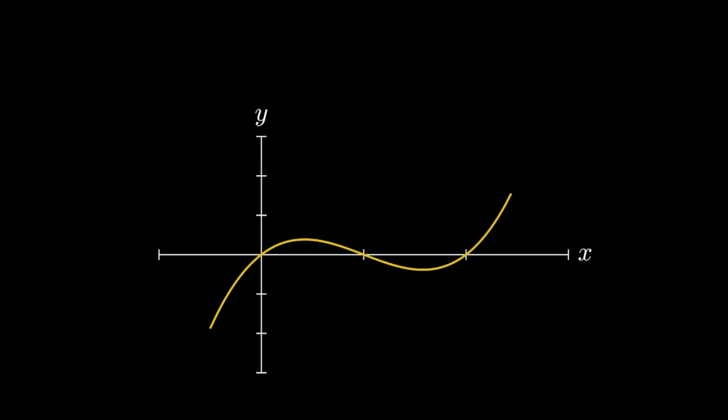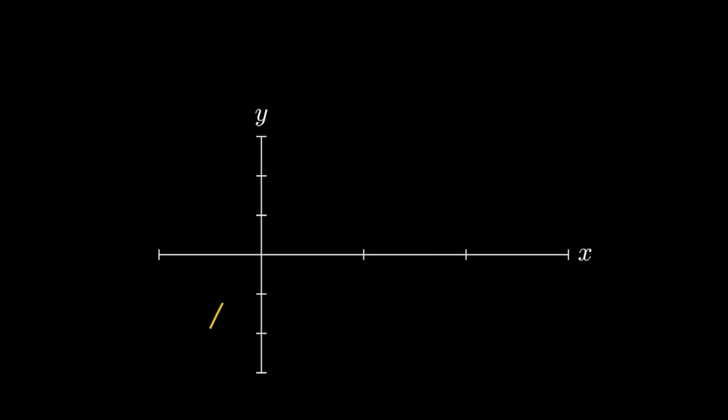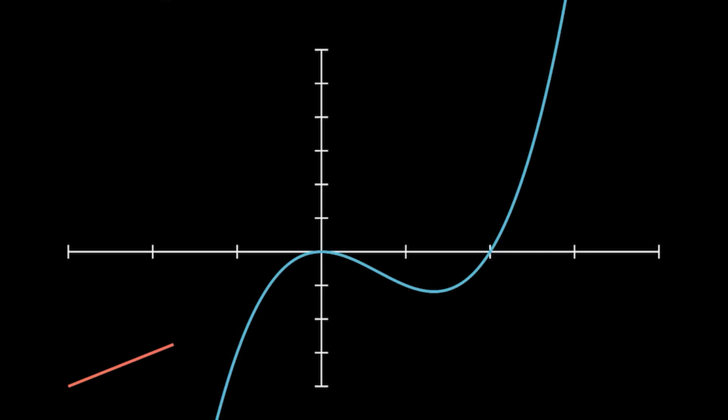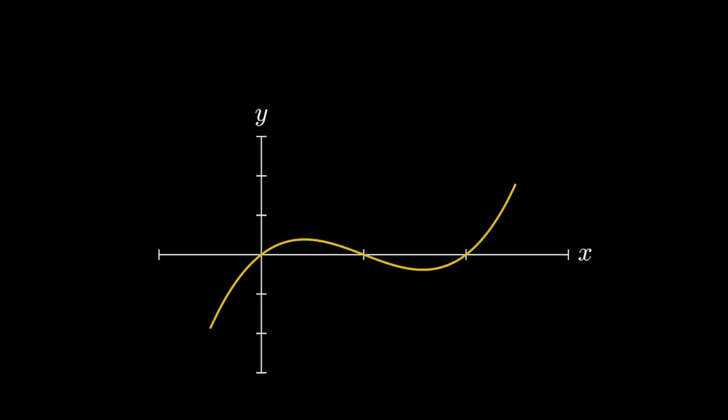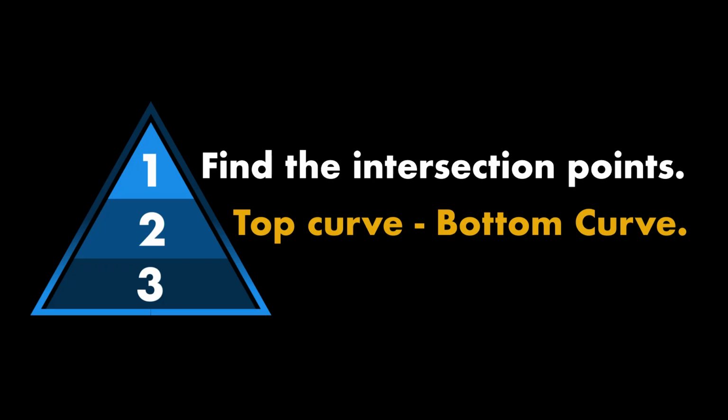So we touched briefly on the area of an integral before, but the question now is, what happens when we have 2 curves? We can't really find the area the way we usually did. So what do we do here? What we need to do is first find the intersection points, okay? 2, identify which curve is on top.